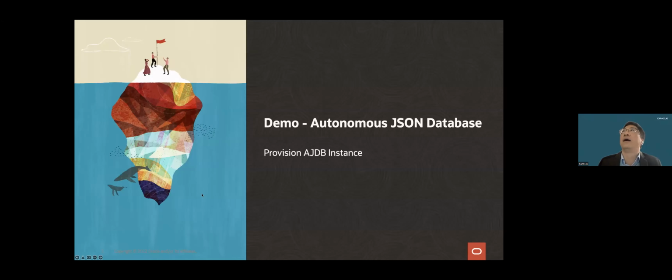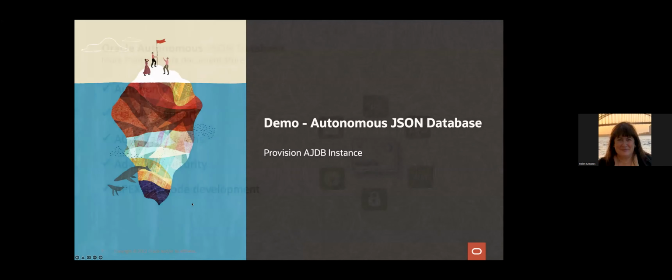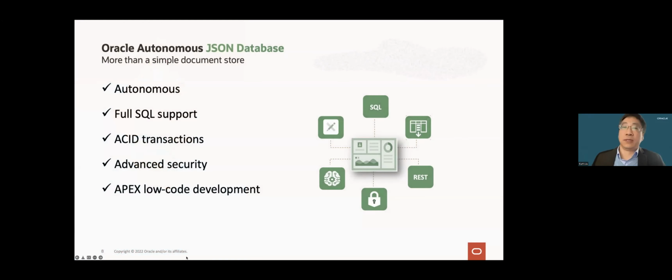So I'll just share my screen again. Okay. So we started to provision the autonomous database, and a further look at this autonomous JSON database. As we said, it's an autonomous database. It provides the full SQL support, so it is an Oracle database as well.